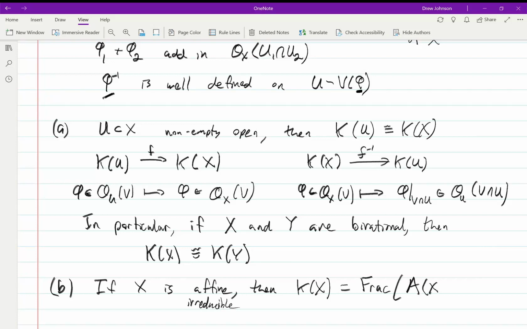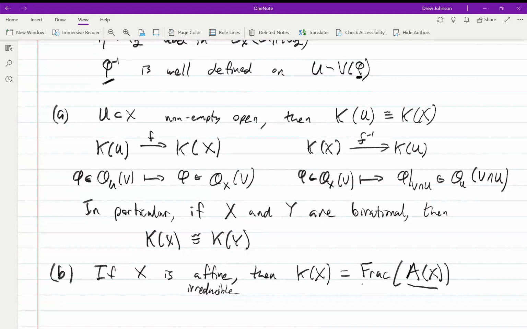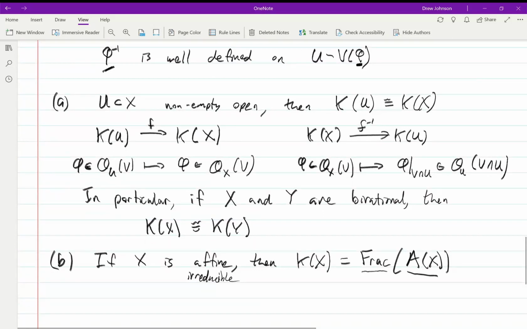So remember, if X is irreducible, then the coordinate ring A of X is an integral domain, and then this Frac here means to take the field of fractions, right? Just allow yourself to divide by anything, and we're claiming that's isomorphic to the function field. This follows from an exercise that I think we skipped, but maybe it's not too hard to imagine what's going on here, right?